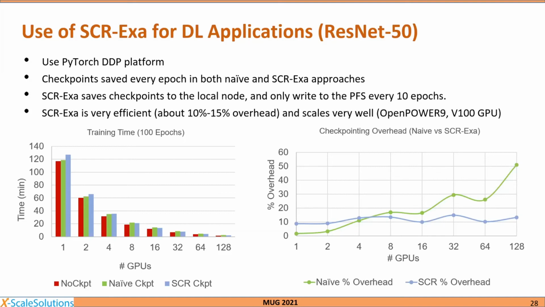As you can see, overall the checkpoint overhead itself is not that big. As it turns out, even for SCR Xscale, it's about 10 to 15%, sometimes lower.